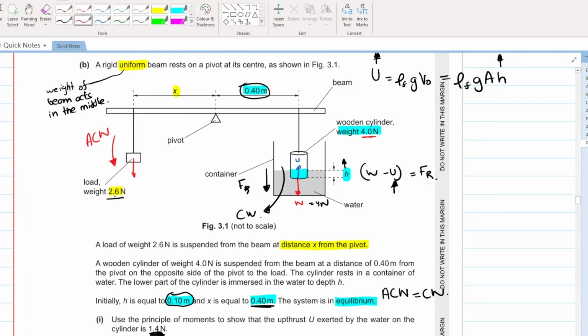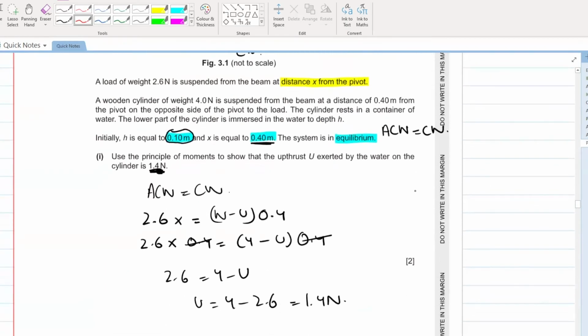The resultant force will decrease because a larger amount is now getting subtracted from the weight. Resultant force decreases. If this entire value, weight minus upthrust, decreases, what will happen? Clockwise moments decrease. As clockwise moments decrease, you are closer to solving this question.